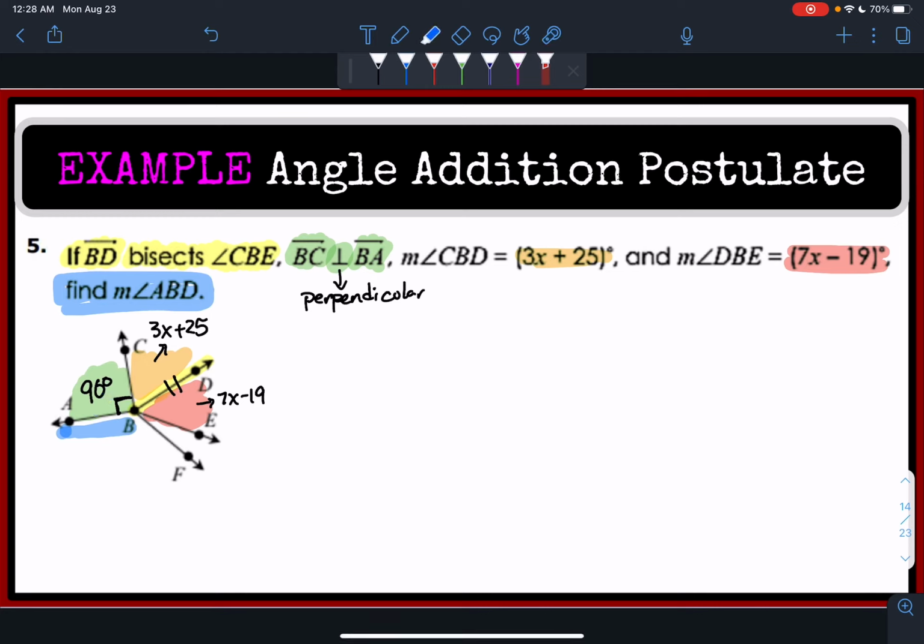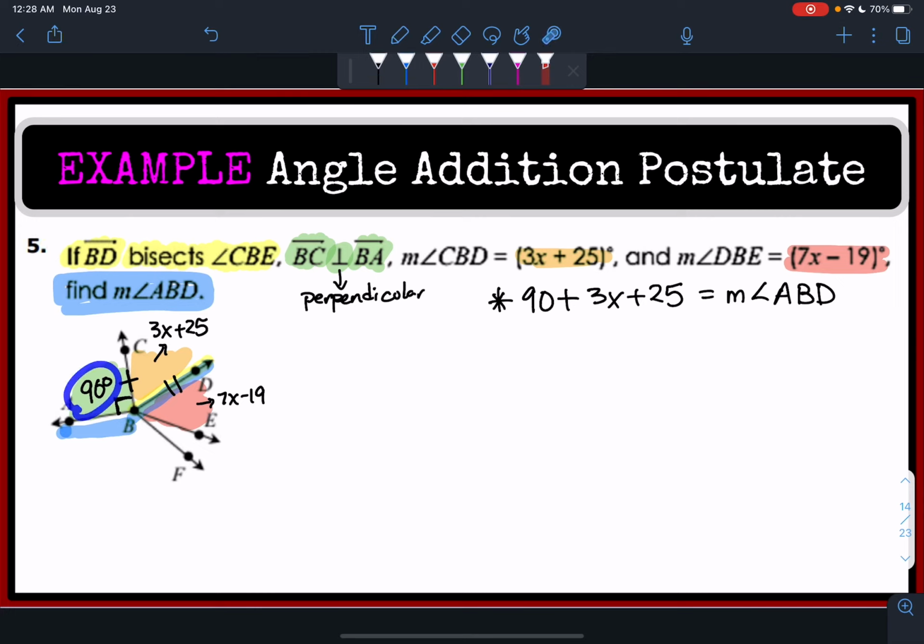The measurement of this is going to be the summation of the green and the orange angle. So this is what I'm trying to do. Let me put a little star right there. I want to get the 90 and add it with 3x plus 25. That's going to equal the measurement of angle ABD.